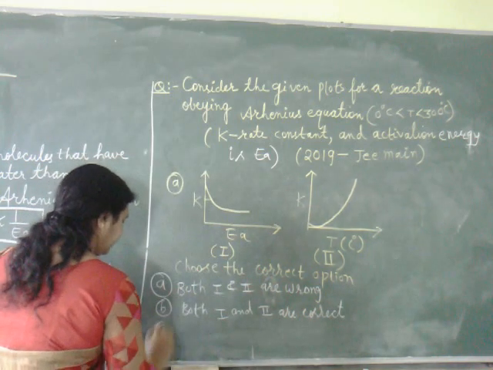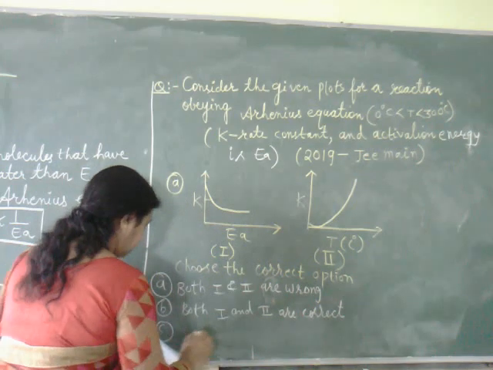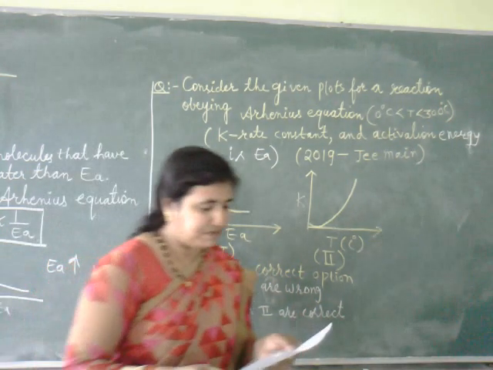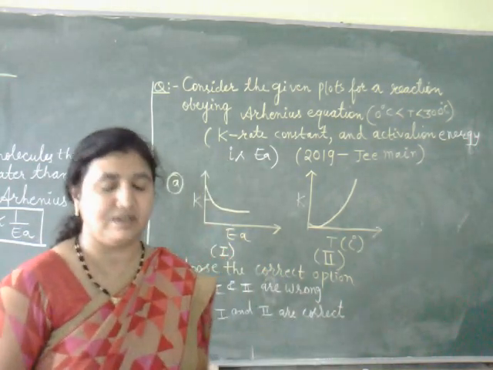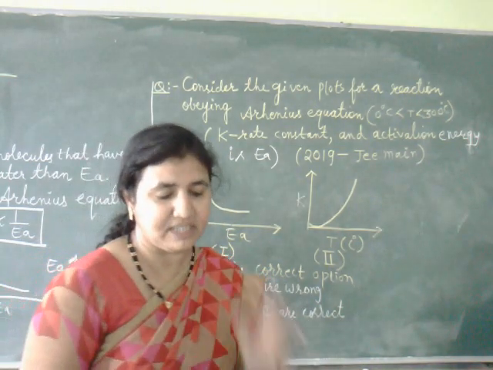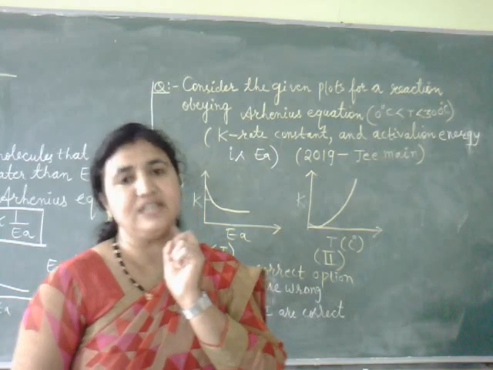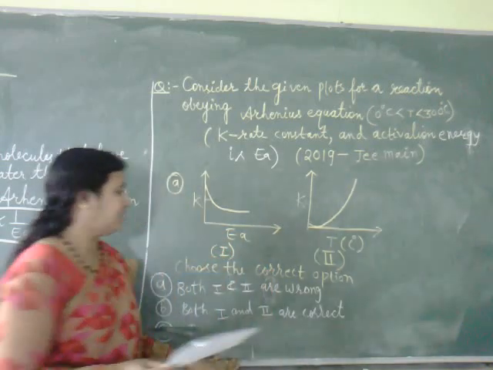Option C is first is wrong but second is right. And option D is first is right but second is wrong. Like this, 4 options have been given here.